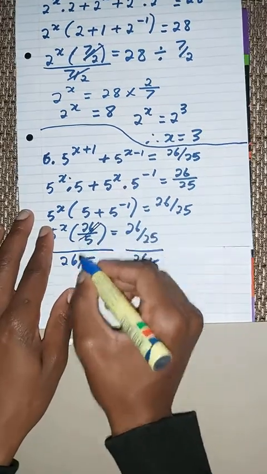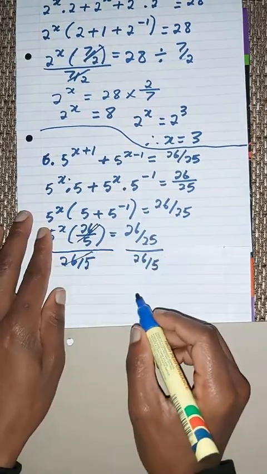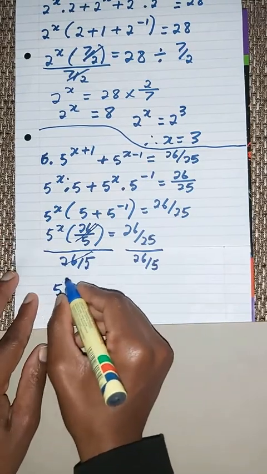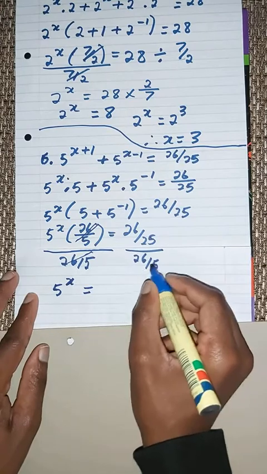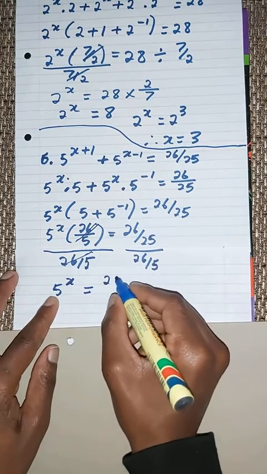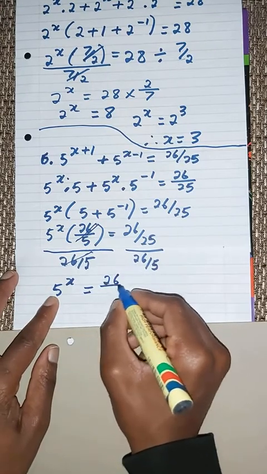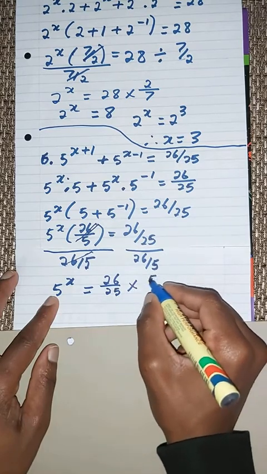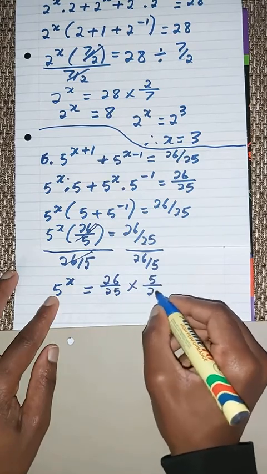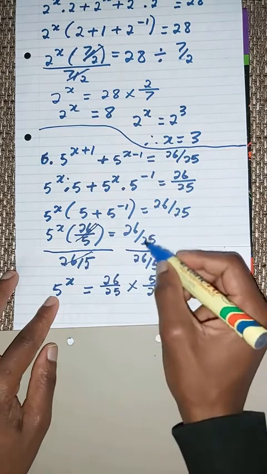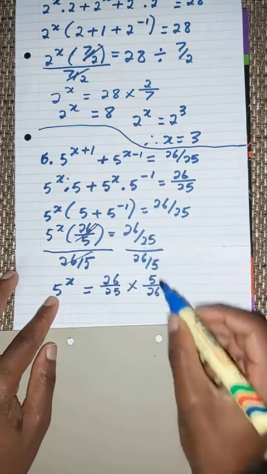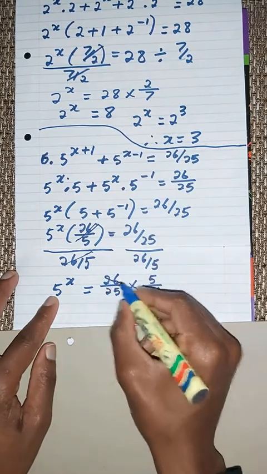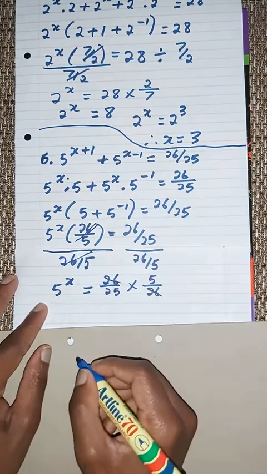This will cancel with this, right? Then we will remain with 5 to the power of x is equal to, on this side I will have 26 over 25 multiplied by 5 over 26. You're going to get the same answer when you just punch this on a calculator.